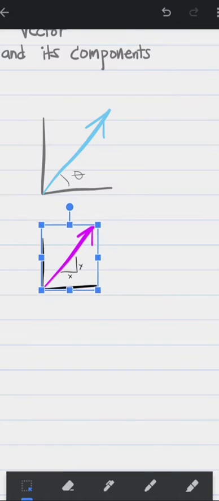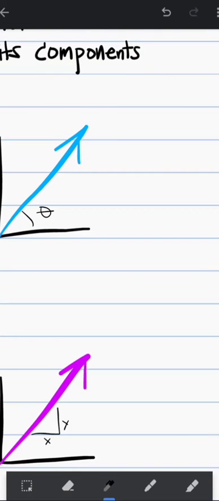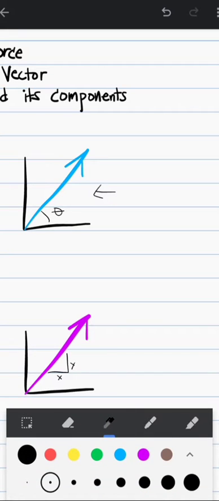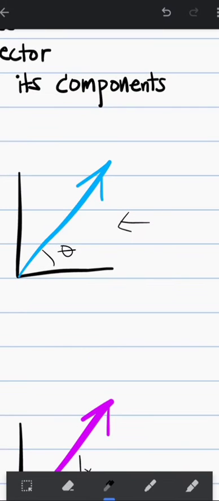Now, let's talk about this first case. When we're given the angle, to find the components, we just have to use some trigonometry here. The SOHCAHTOA specifically. For sine, it is opposite over hypotenuse.